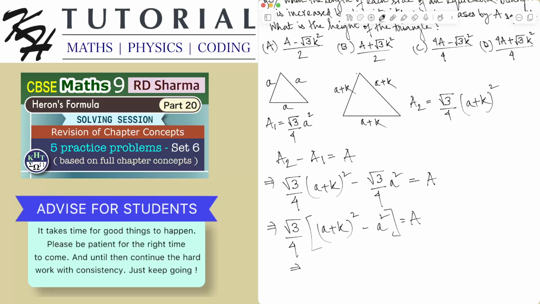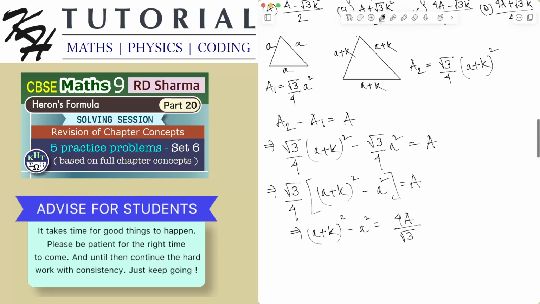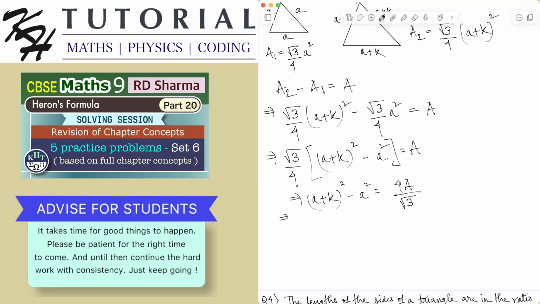So this implies (a plus k) square minus a square is equal to 4a by square root of 3. If I expand, this is a square plus k square plus twice ak minus a square is equal to 4a by square root of 3. A square cancels out.